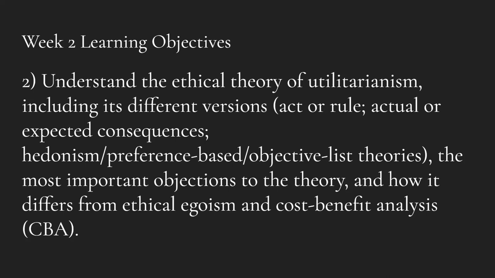So whatever form of utilitarianism you're talking about, it should be specified whether one is dealing with actual or expected consequences. And although actual consequences are the most important throughout utilitarianism, because as a form of consequentialism we are primarily interested in consequences, generally speaking, we can say that in act utilitarianism we are interested in actual consequences.